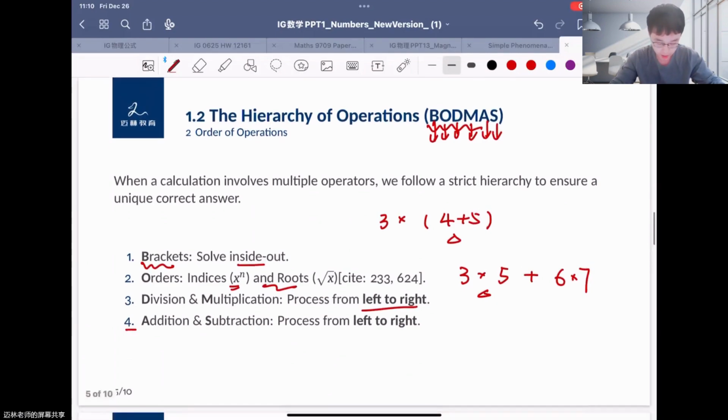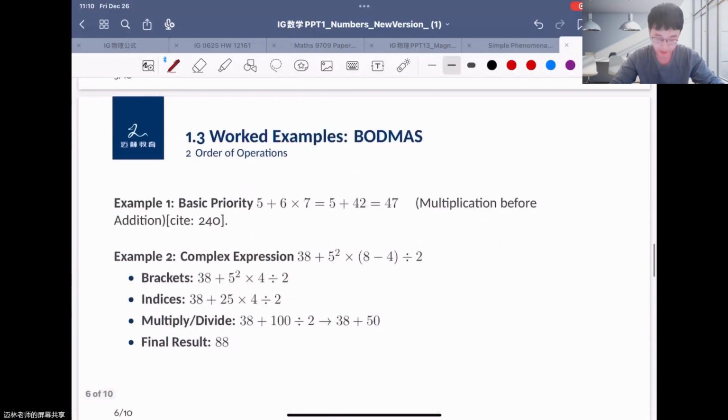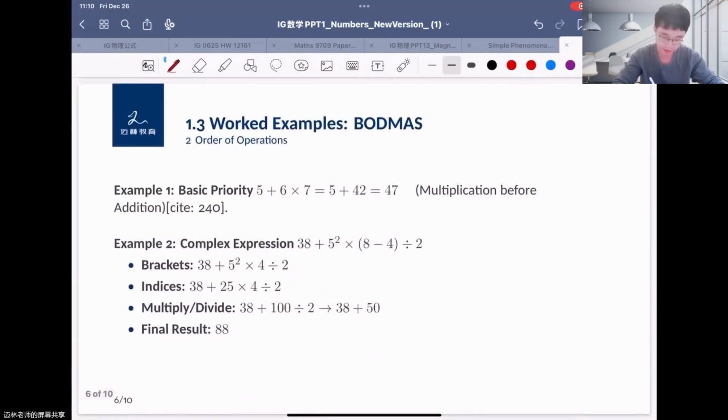Here we can see how to use BODMAS. If we have the formula 5 plus 6 times 7, first using BODMAS we check if there are brackets or not. There are no brackets, so we go to the next, orders. There are no indices, so we go to D, division. There is no division, so next is M, multiplication, and here we have a multiplication.